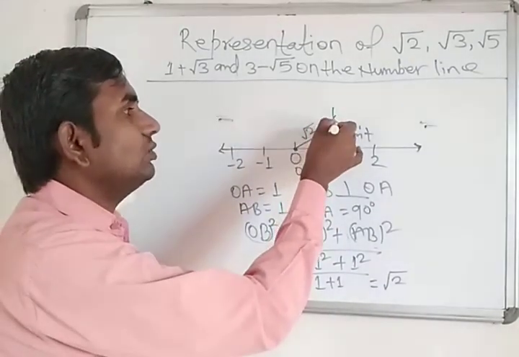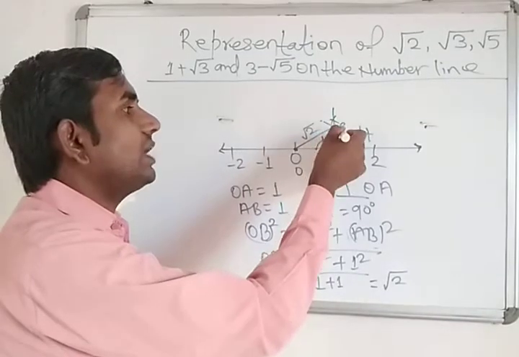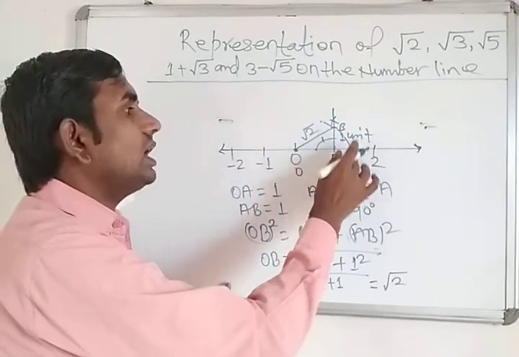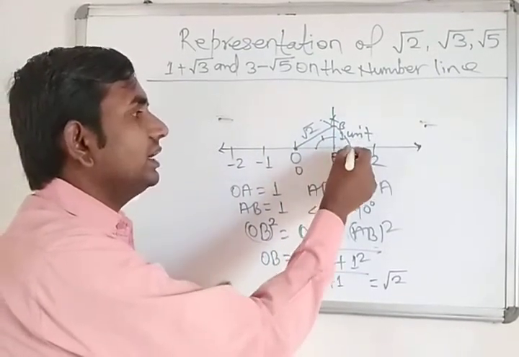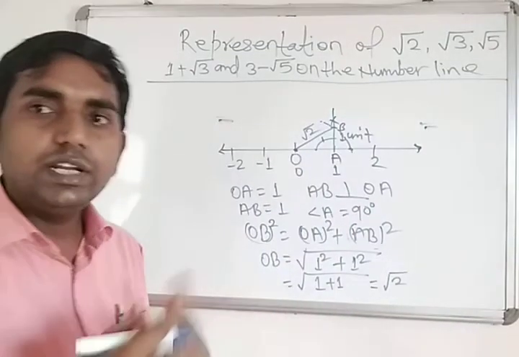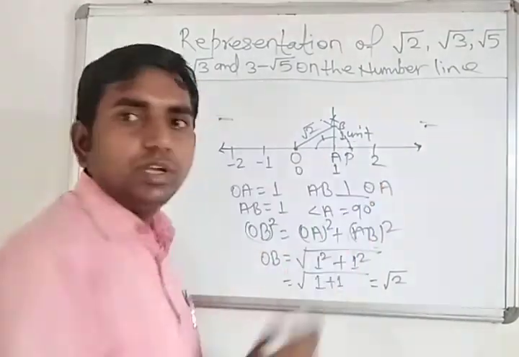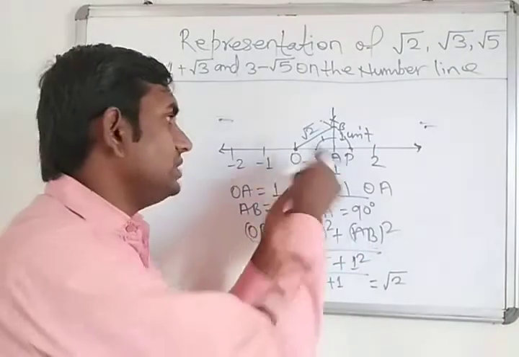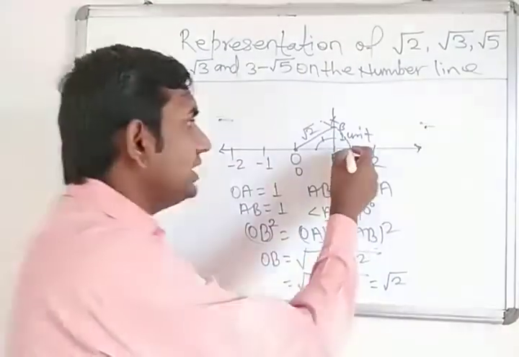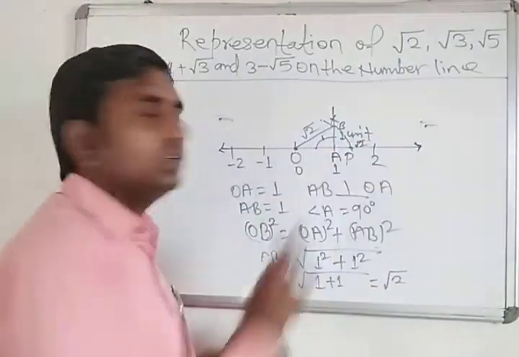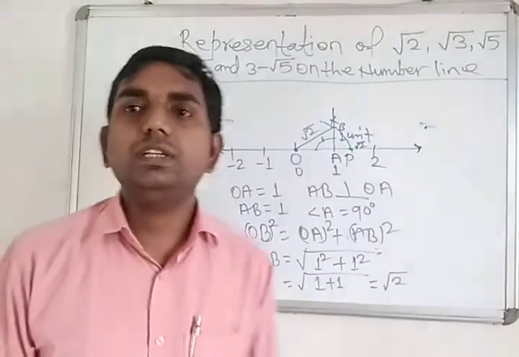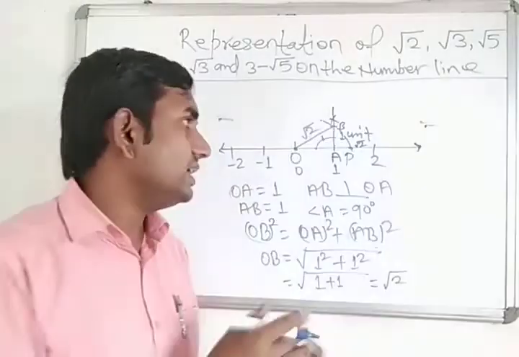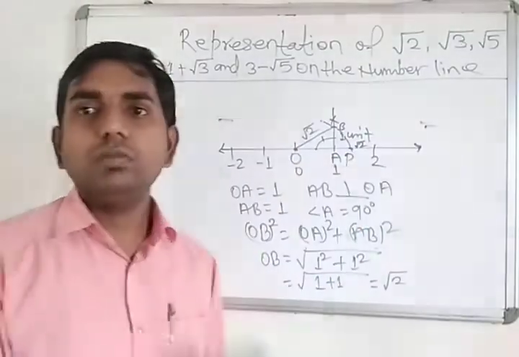If we draw the arc, we find that this arc crosses the number line at a point. We name this point P. P is the point at which the arc crosses, so point P indicates under root 2. In this way we can represent under root 2 on a number line.